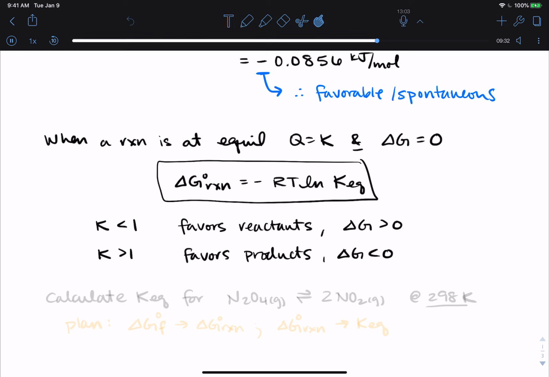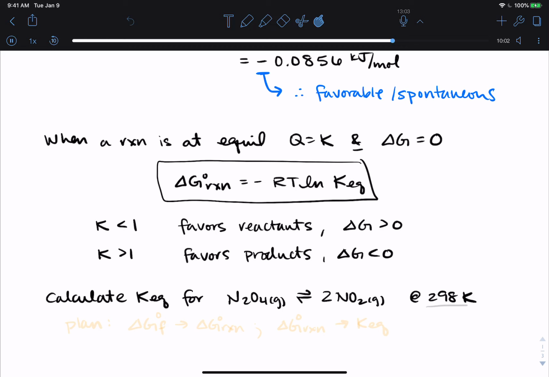So, the practice problem that we're going to look at is that you are asked to calculate KEQ for the reaction N2O4 gas in equilibrium with 2 NO2 gas at 298 K. And that's it. This is all that you're given.